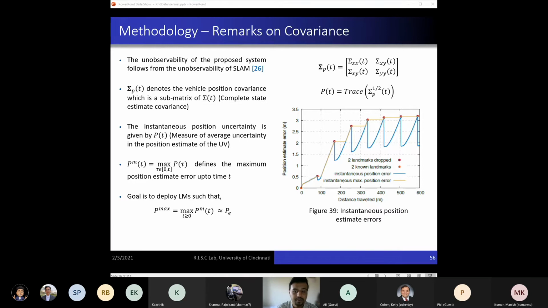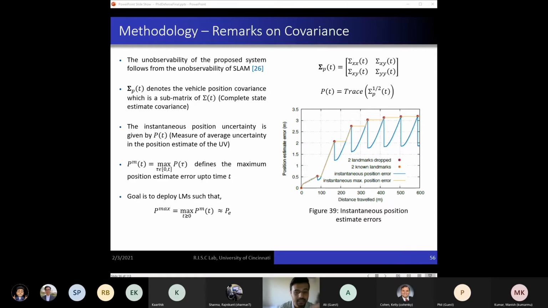Since we are trying to ensure meaningful position uncertainty bounds for the vehicle, we only concern ourselves with the submatrix sigma p, corresponding to the vehicle's position estimates. So we have PT defined as the trace of the square root of sigma p, because we found that the cross correlation terms are negligible. Had they not been negligible, we could use the determinant of the submatrix sigma p.